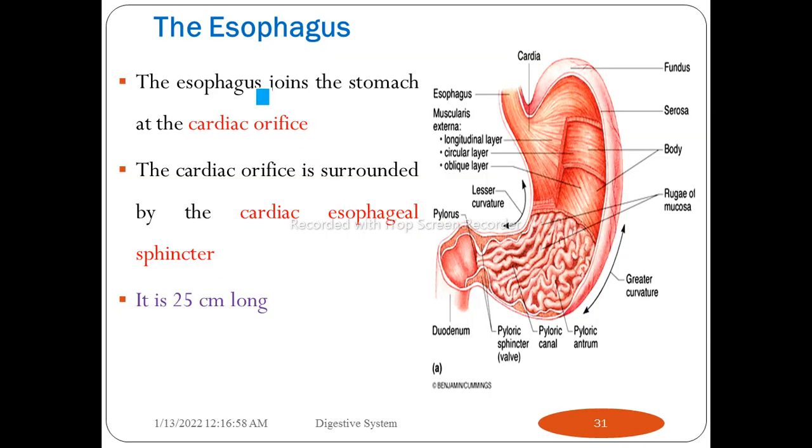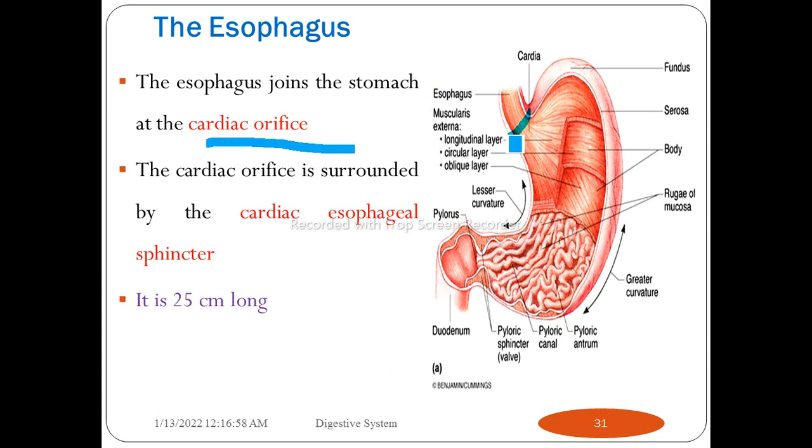So the esophagus joins the stomach at the cardiac orifice. The cardiac orifice is here. This is the stomach, and this is the esophagus.